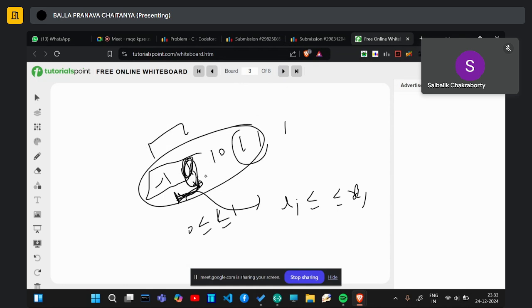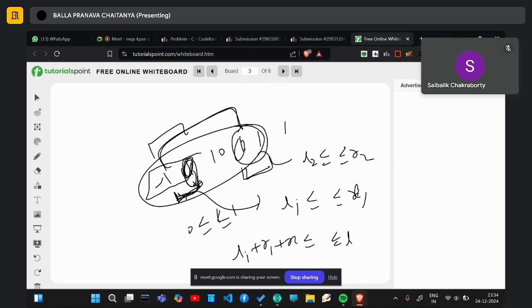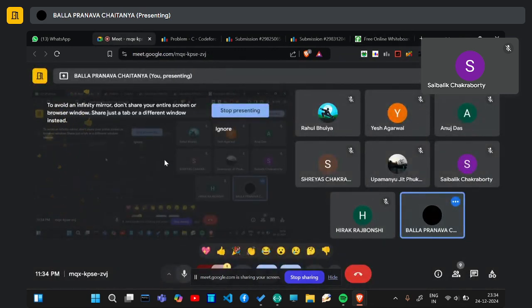And in the other subarray, including this element, we are able to get L2 to R2. Then when we combine both of them, we can get a range from L1 plus L2 plus X to R1 plus R2 plus X. Is this clear? We just sum both the ranges. Is this clear?